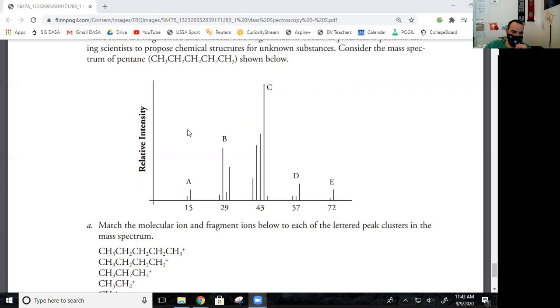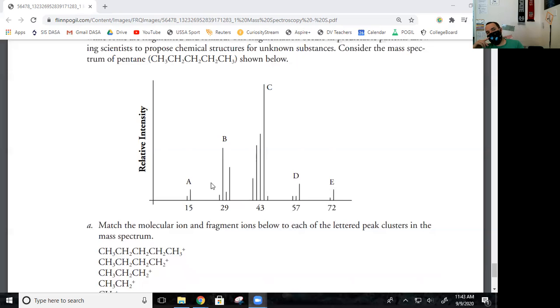Quinn? Well, I was just going to explain my thought process for A. I had no clue how to approach this, and I was super confused. So I just wanted to break it down into information that I knew and information that I didn't know. What I know is when you have higher numbers on the x-axis, that means that the atomic mass is higher, right?